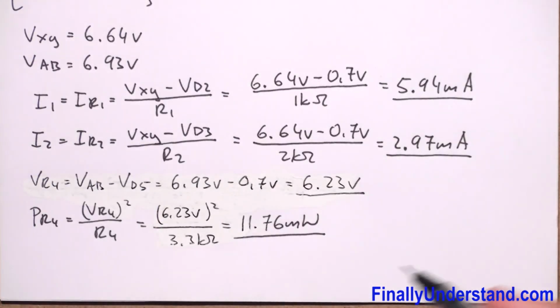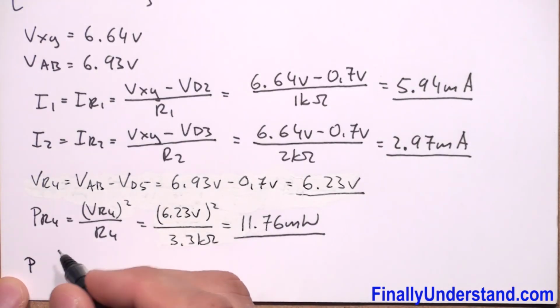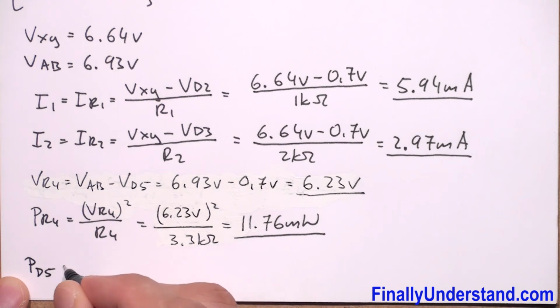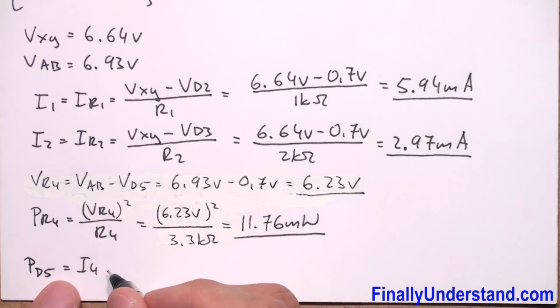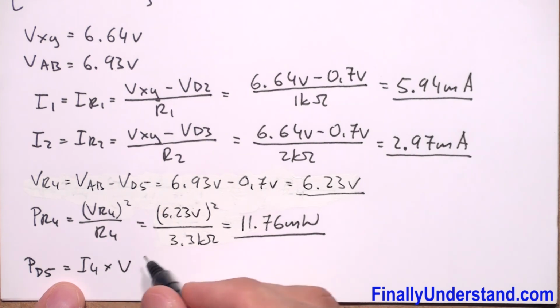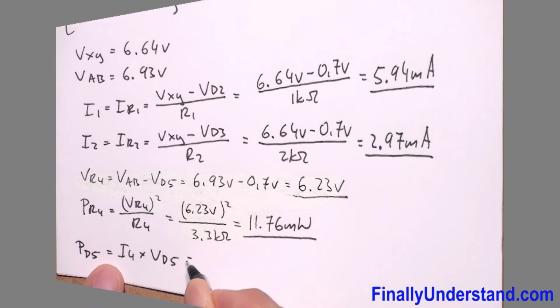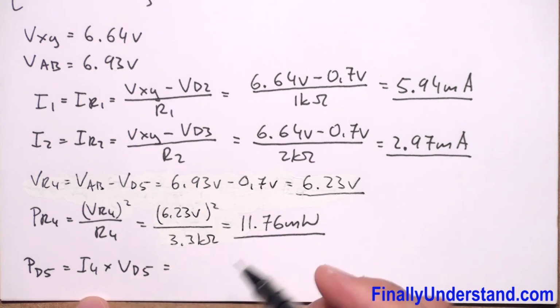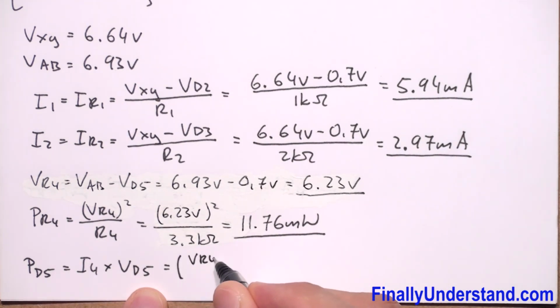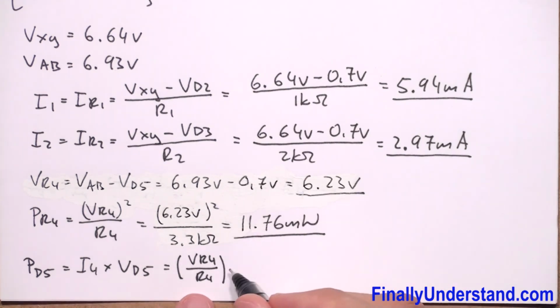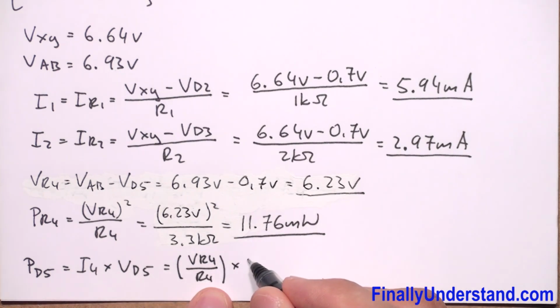So I'm going to use the formula PD5 is equal I4 times VD5. So we can say that I4 is equal VR4 over R4 times VD5, which is equal 0.7 volts.